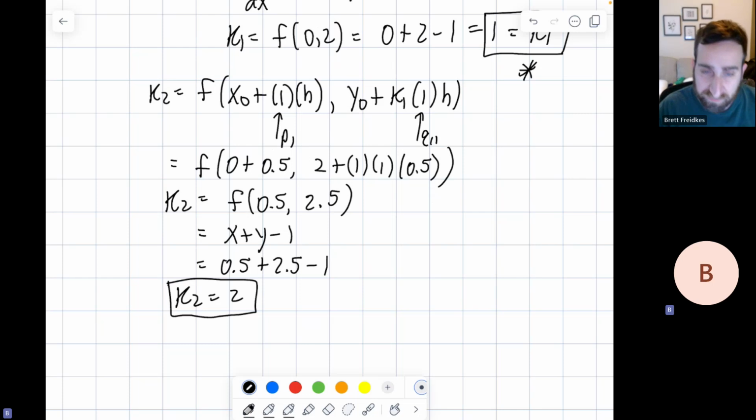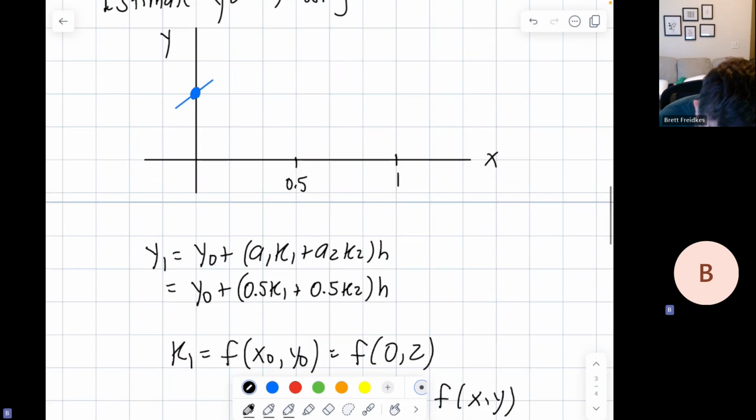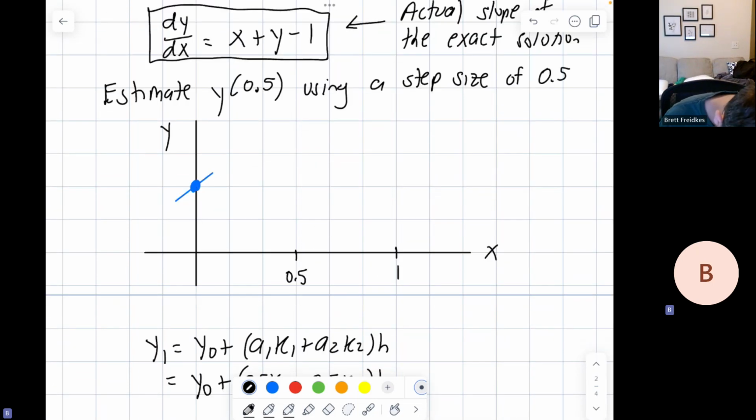So what that means is if I draw a point, 0.5 and 2.5, which would be here, based on the axes that I drew, this will have a bigger slope at that point compared to the first point.